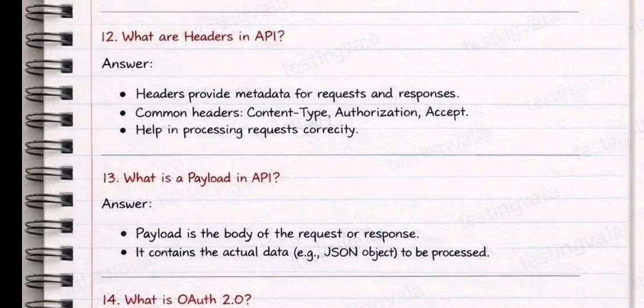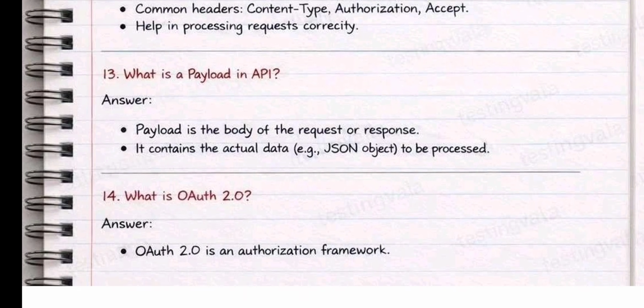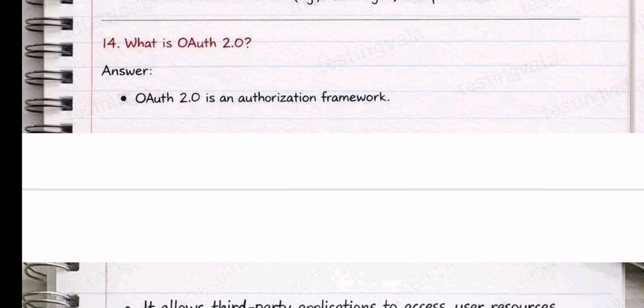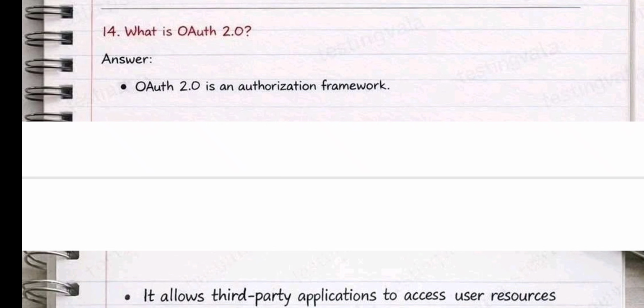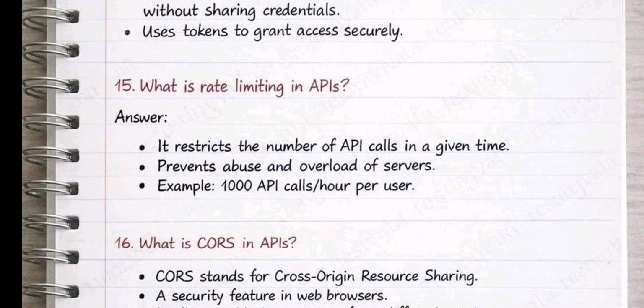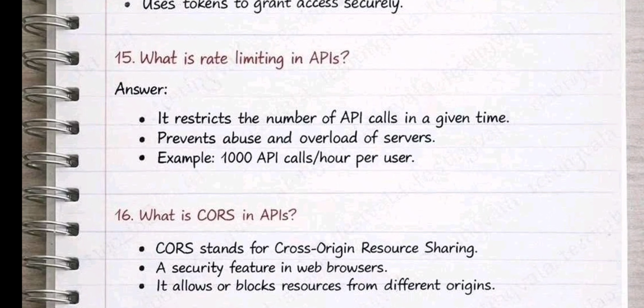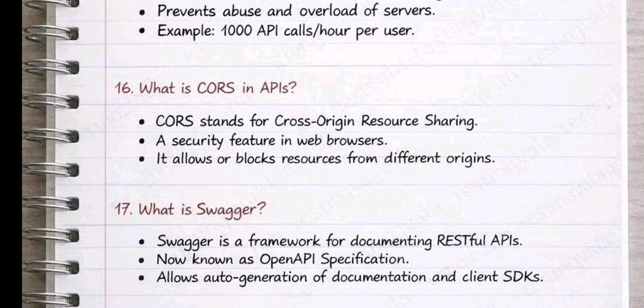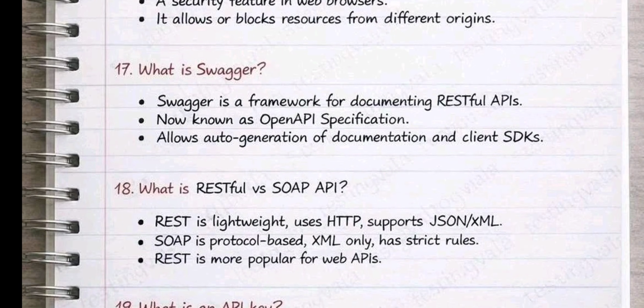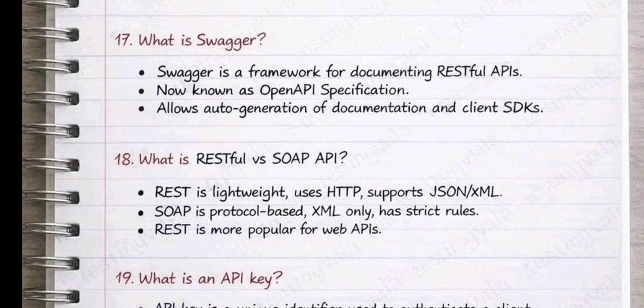What are headers in API? What is a payload in API? What is OAuth 2.0? What is rate limiting in APIs? What is cross-origin resource sharing in APIs? What is Swagger?